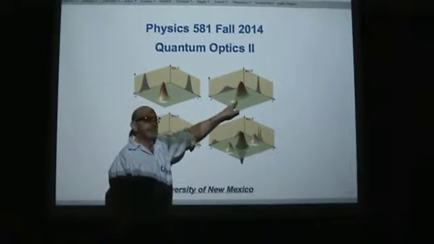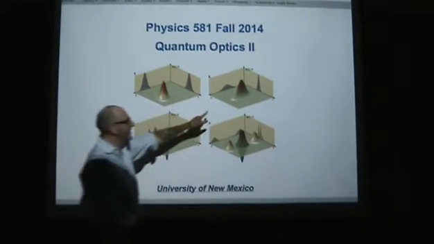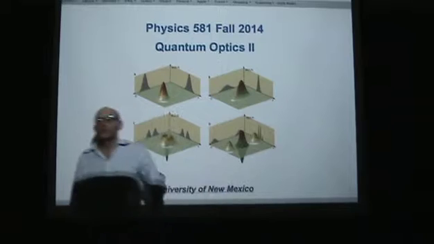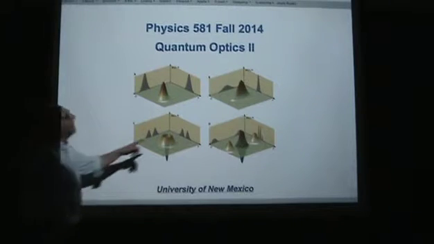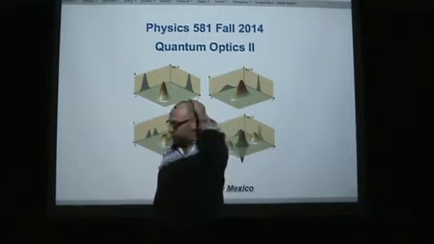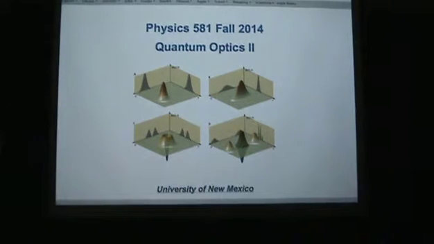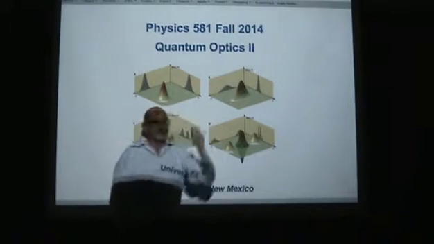What's this? A squeezed state. Now notice, this is everywhere positive. That's interesting. We'll come to that in a moment, maybe next week. Although the squeezed state is non-classical from the point of view of the P function, it's classical with respect to the Wigner function.